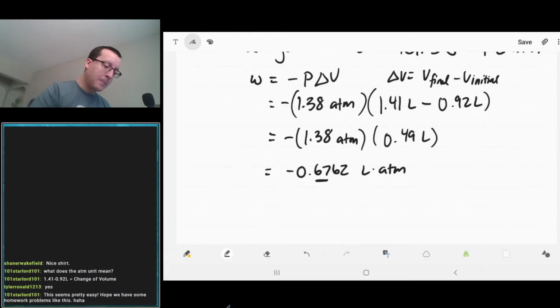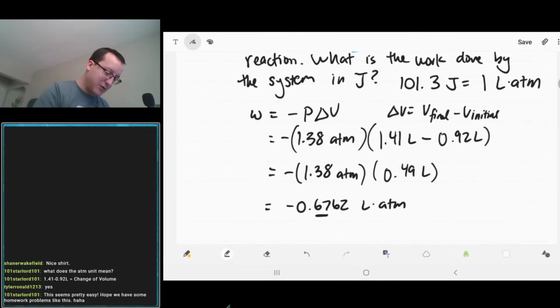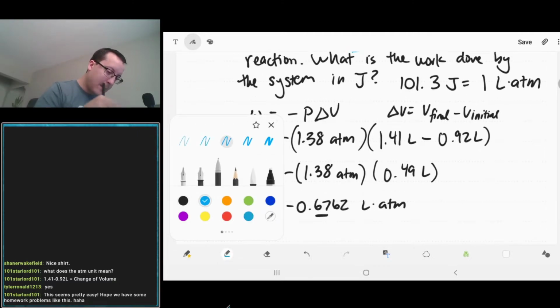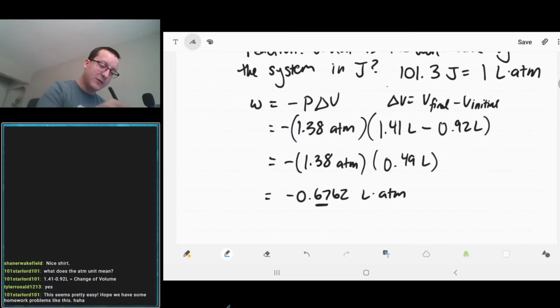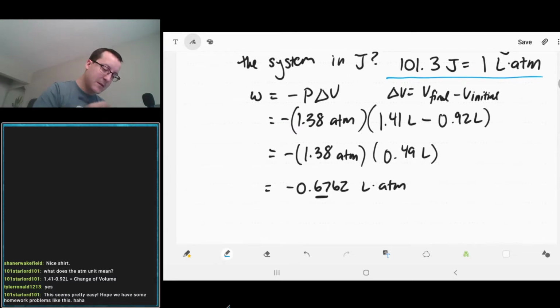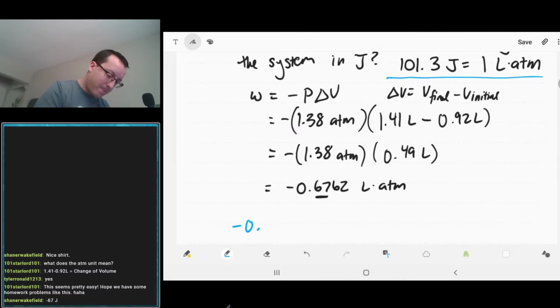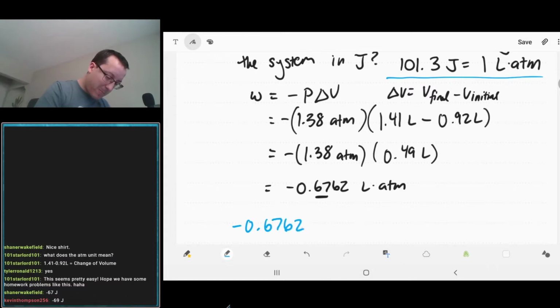No worries. Since I did ask for it in joules, we have a conversion factor up here that we can use. So liter atmospheres times 1 liter atmosphere, 101.3 joules.